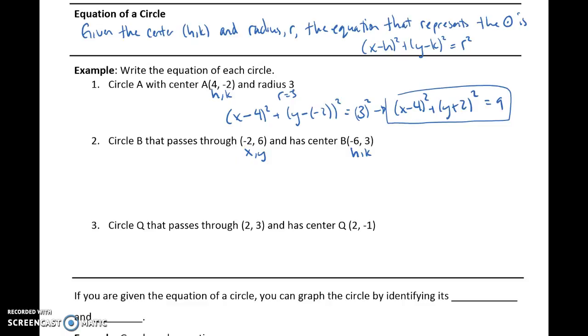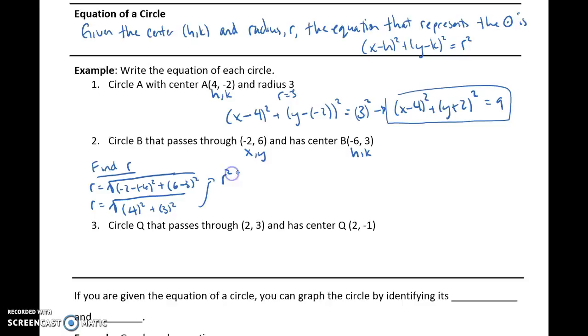So radius, again, is based on your distance formula. So the square root of negative 2 minus negative 6 squared plus 6 minus 3 to the second power, right? So radius equals the square root of, minus the negative is the positive, so this will be 4 squared plus 3 squared.